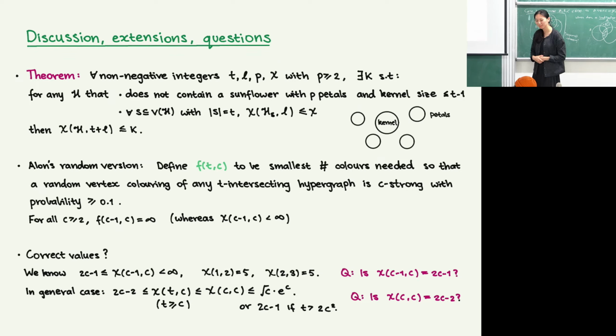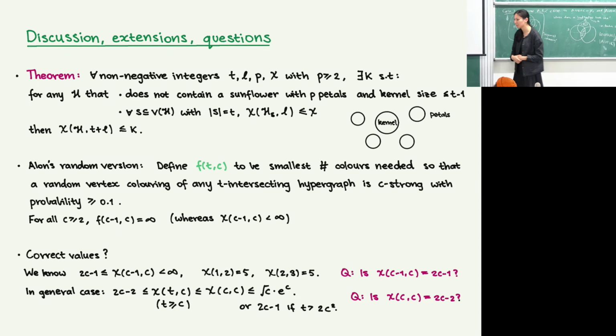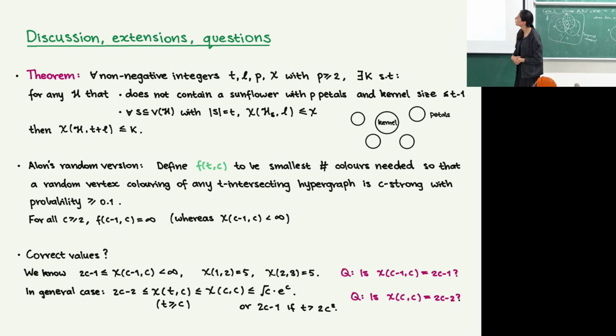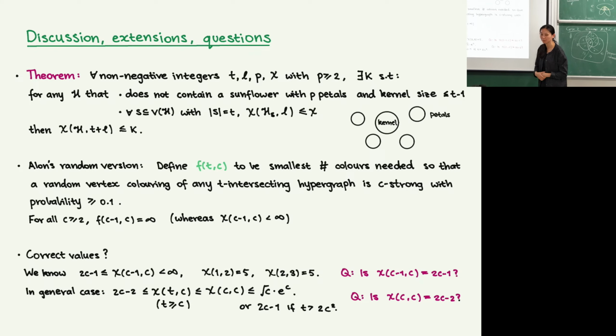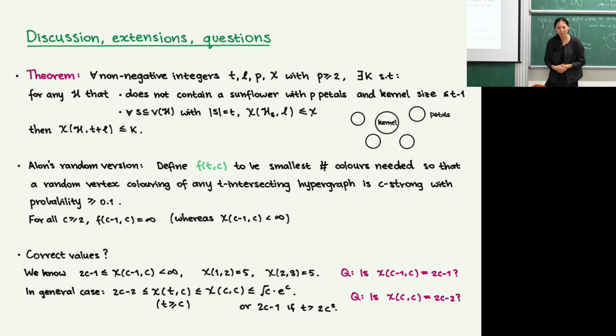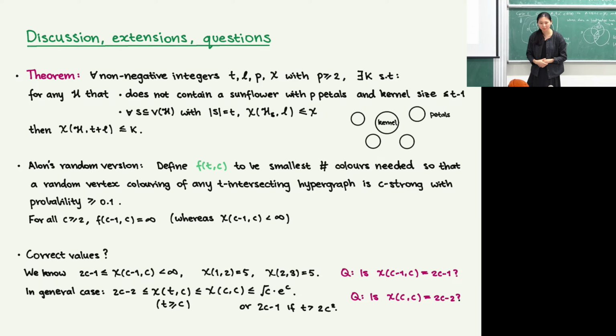If the link has large chromatic number, then the strong chromatic number of the edges from the original hypergraph is already as large as the chromatic number of the link. Although the chromatic number gets infinite when you look at the C strong chromatic number of C minus 2 intersecting, again, the only reason that it's large is because of these links.